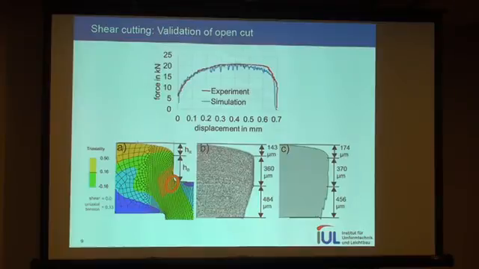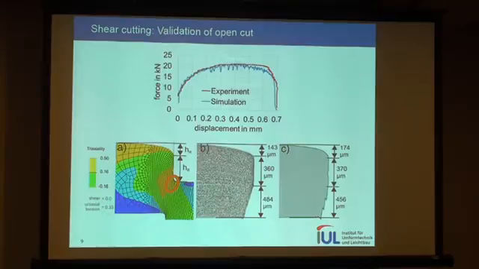So with this criterion, I found that burnish ends and fracture begins at this place. The burnish was predicted quite well. Some improvement is needed at the rollover and fracture.